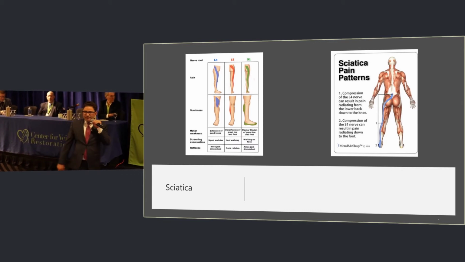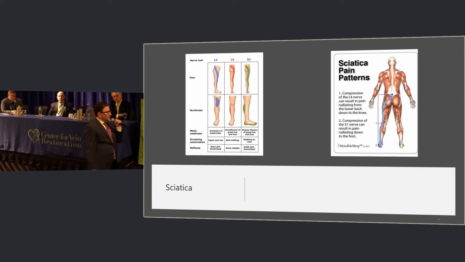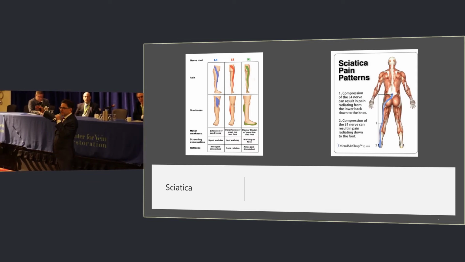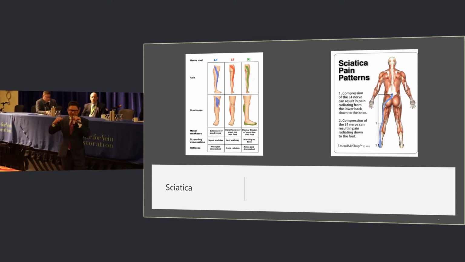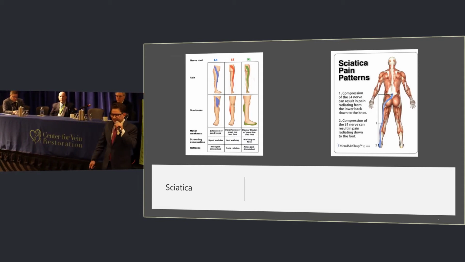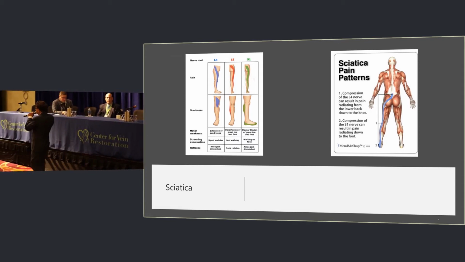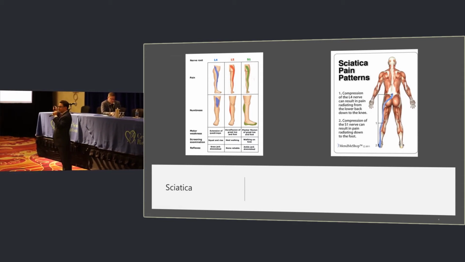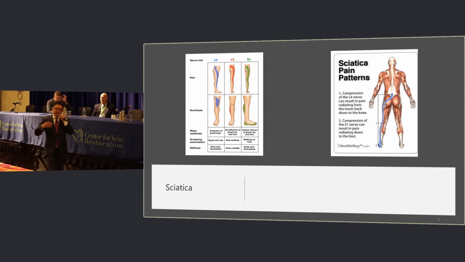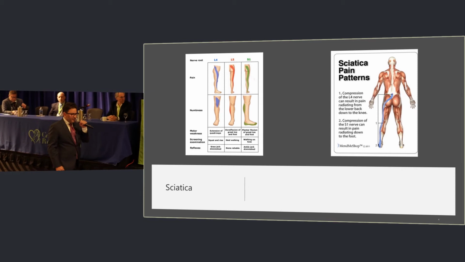Keep in mind that there's certain positions or certain maneuvers that can exacerbate these symptoms, which is a little atypical for pain due to venous insufficiency. Also, keep in mind that there tends to be weakness with neuropathic issues, and that's also a little bit atypical with venous insufficiency.